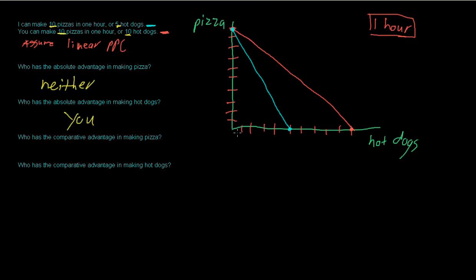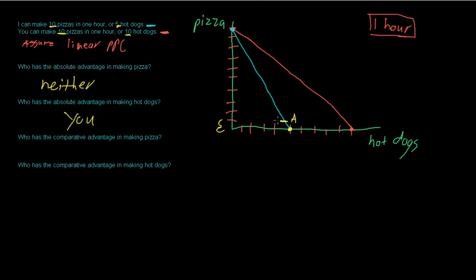Say that I'm starting out right here. I'm starting out at point A and I'm making 0 pizzas. For me to make 1 pizza, for me to go from 0 to 1, I have to make, and you can't actually see this very well, half of a hot dog less.